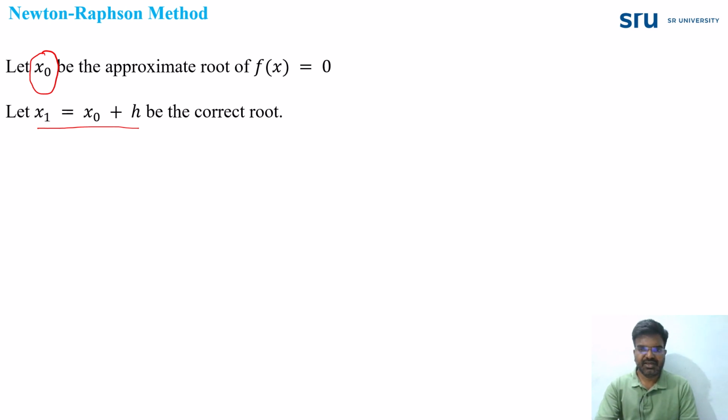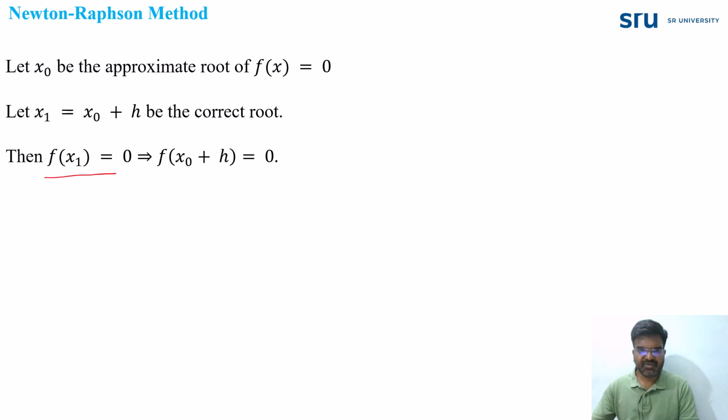Then we can write down, because x1 is the exact root, if you put x1 in the equation, we get 0. So we can write down here f of x1 is 0. But x1 is x naught plus h.